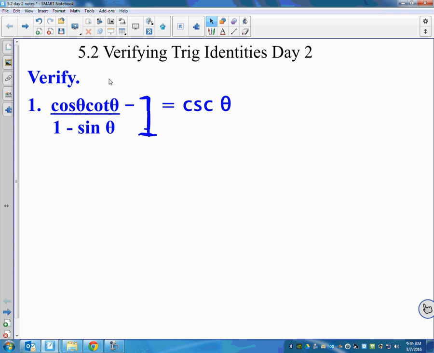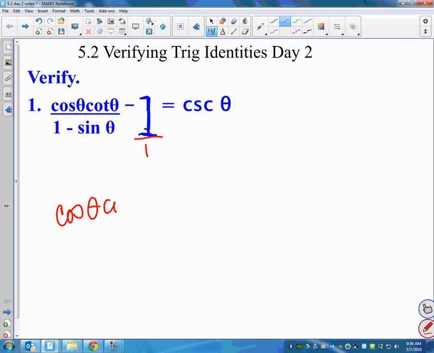But what I think is, if I see subtraction here, I can get a common denominator, because I need this to just equal cosecant over here. So getting that common denominator is definitely going to happen at some point. Alright, so this side's not going to change.